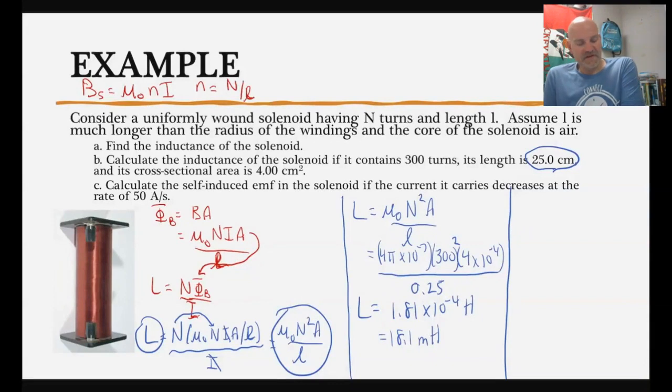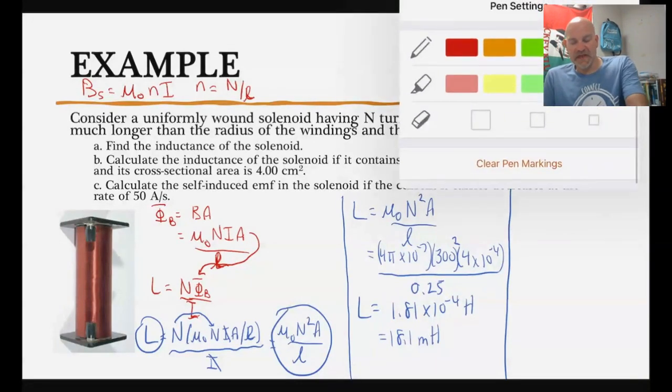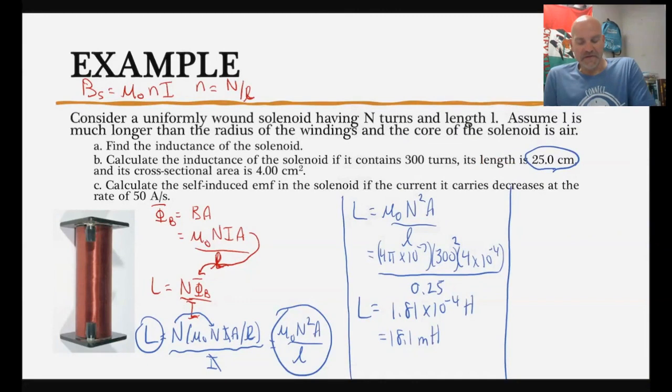Part C says calculate the self-induced EMF of the solenoid if the current it carries decreases at the rate of 50 amps per second. The induced EMF in the inductor is going to be given by negative L dI/dt. That's our self-inductance equation.